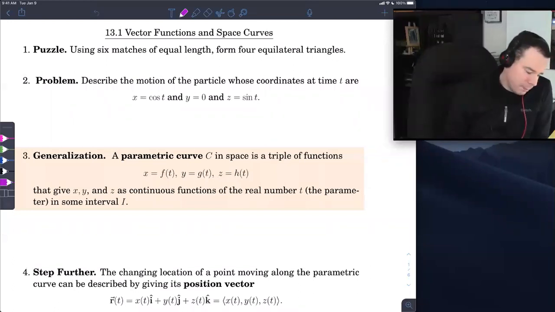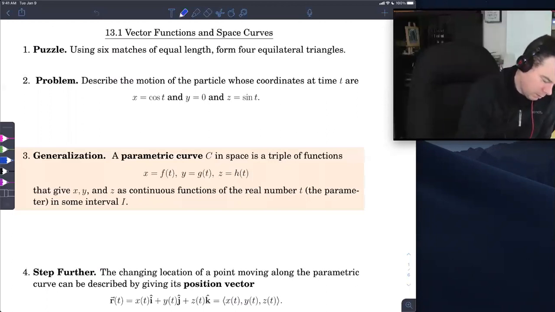So for example, let's describe the motion of a particle whose coordinates at a given time t are x equals cos of t, y equals 0, and z equals sine of t. So what is this going to look like? We'll jot down our coordinate axes here. This is x, this is y, and this is z.